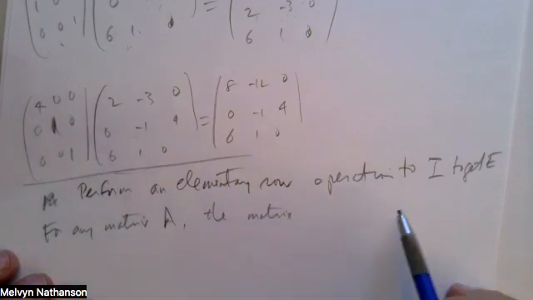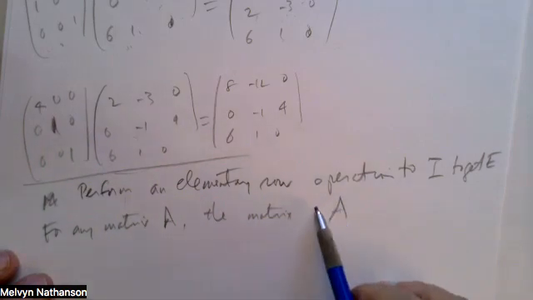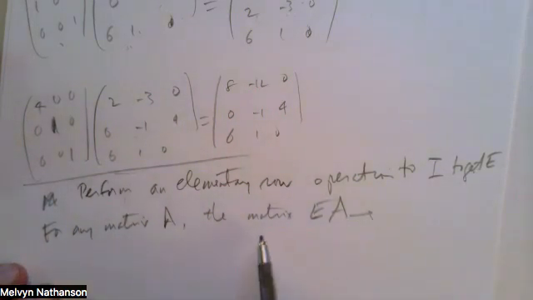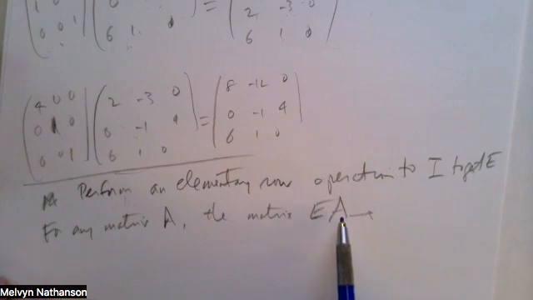The matrix you get by taking A and multiplying it on the left by this E gives you exactly the matrix that you get by performing that elementary row operation to A. So you can write elementary row operations in matrix form.